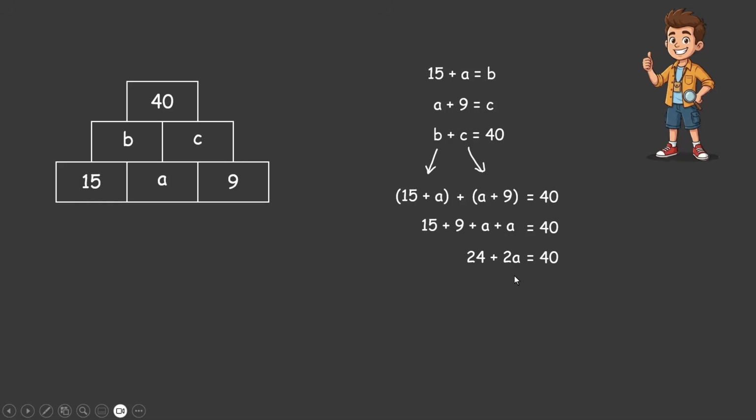So 2A is equal to 40 minus 24. That's 16. And then A will be equal to 16 divided by 2, which is 8. So A is 8. Now 15 plus 8 is 23. 8 plus 9 is 17.